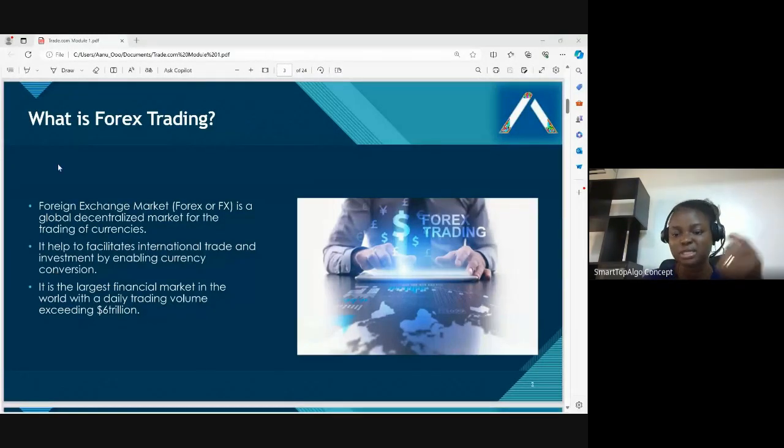What this means is that the moment I decide that I want to buy raw materials for my business, I cannot take naira to buy it. It's not possible. So automatically, I need to begin to look for how to exchange my naira to Chinese yen, so that I can use it to buy whatever. So that's why we say that when we talk about forex trading, it helps us to facilitate international trade.